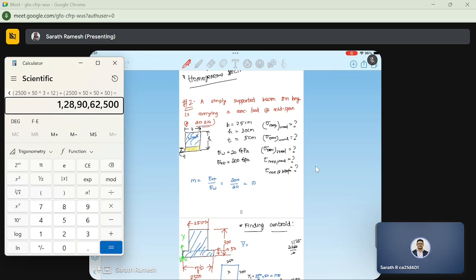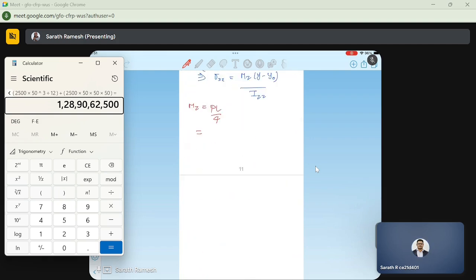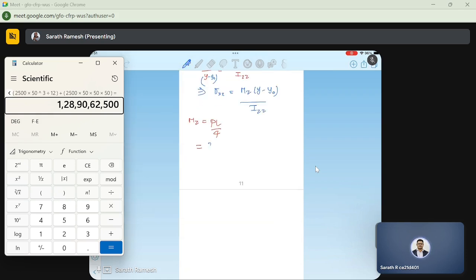P is 20 kilonewton, L is 8 meters. So 20 into 10 power 3 into 8 by 4, where 8 is again in meters. So let me write it in terms of mm. So this will be 40 into 10 power 6.